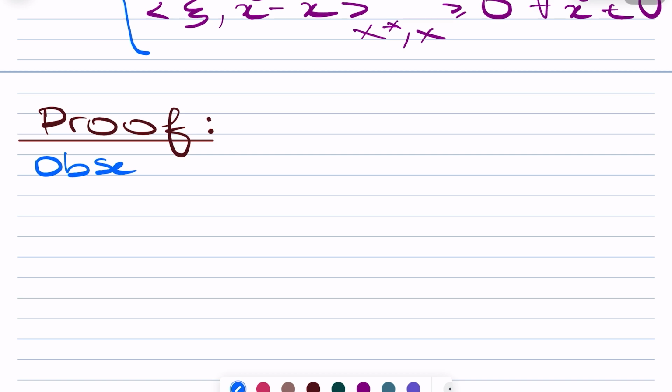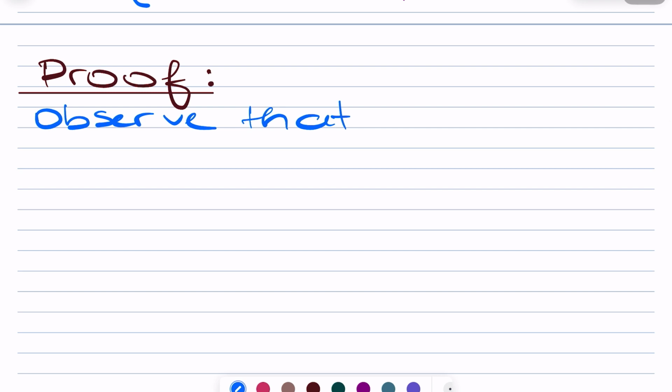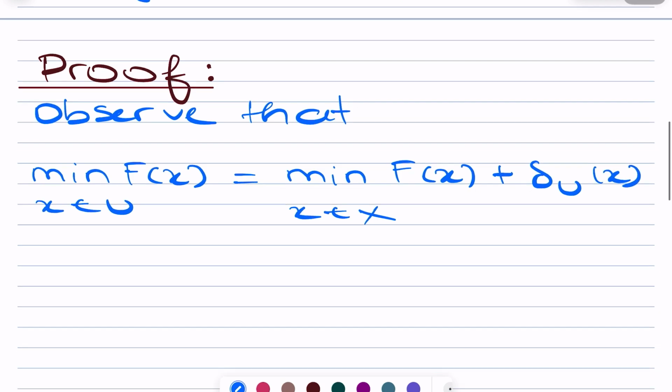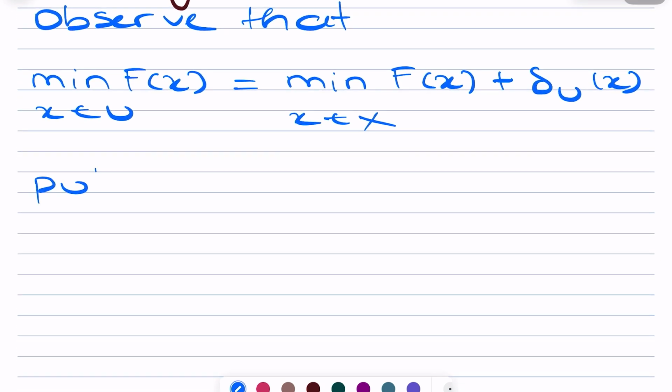Observe that minimizing the function F of x over x in U is the same as minimizing the extended functional F of x plus delta U of x over x in X. So for this, we define the extended functional to be J. So put J to be F plus delta U. This is our extended functional.